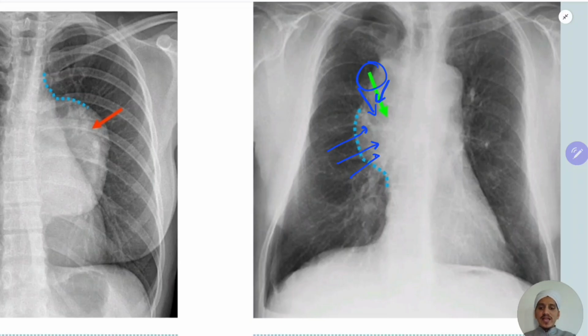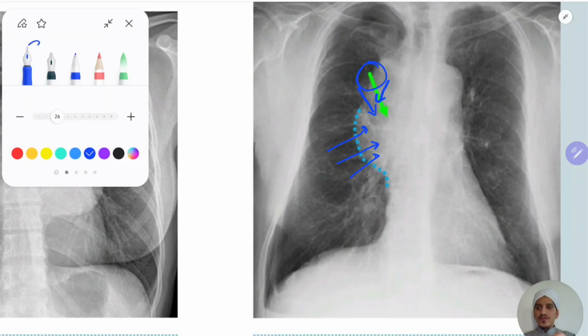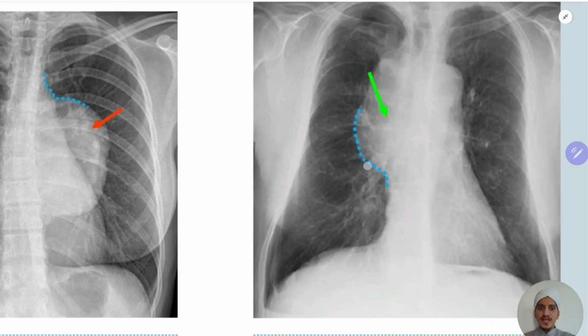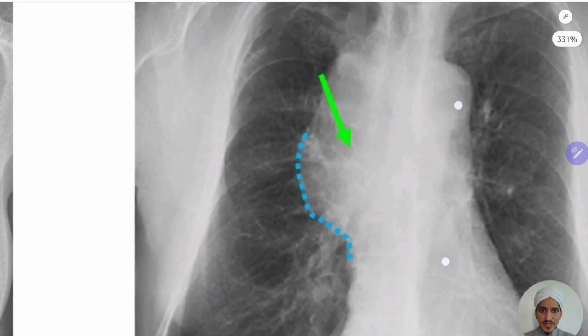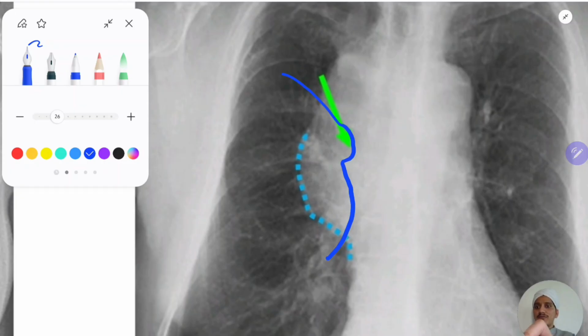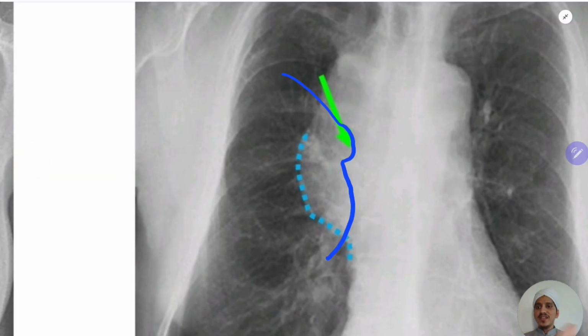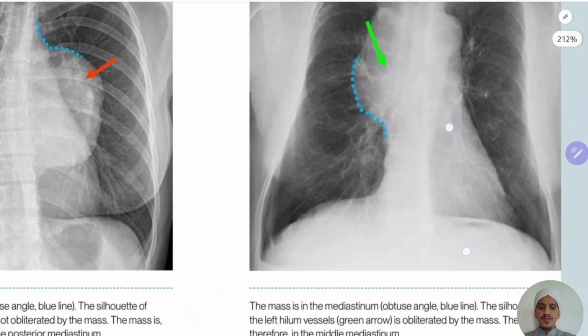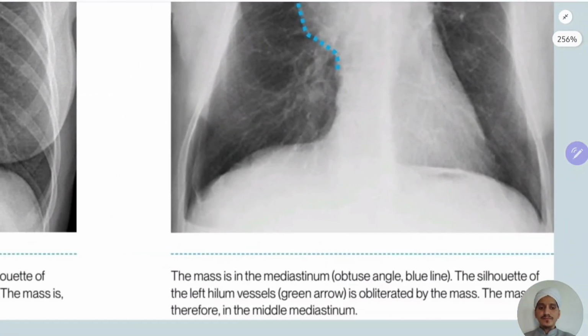I will zoom it in to make it clear. Now you are able to see the markings and make out the hila. So the hilum overlap sign is present. That means the mass is not in the middle mediastinum. It is either in the anterior mediastinum or in the posterior mediastinum.